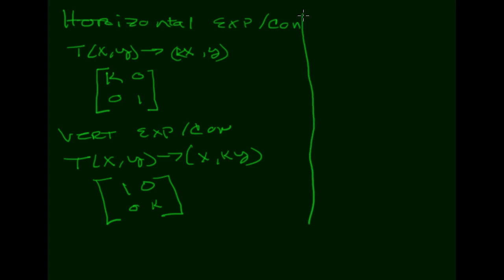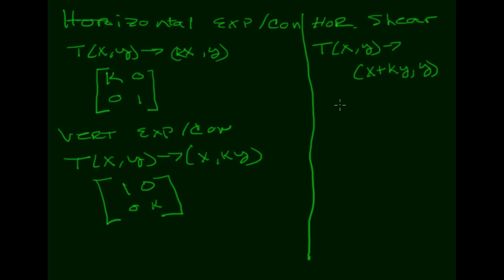Okay, so there's also what we're going to refer to as shear. There is the idea of a horizontal shear. This is the transformation from T(x, y) into, and this is a little bit interesting here, we're going to take x and then go by a multiple of y.